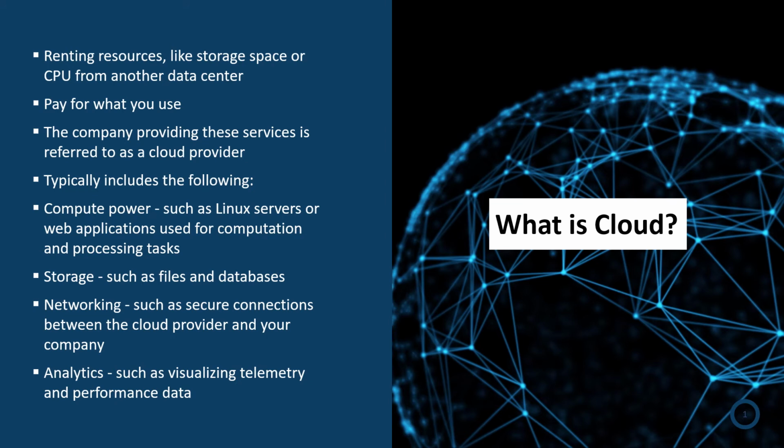When we talk about compute power, you have virtual machines and virtual machine scale sets. The difference is that you don't have to buy any hardware or install the operating system; those things are already there.